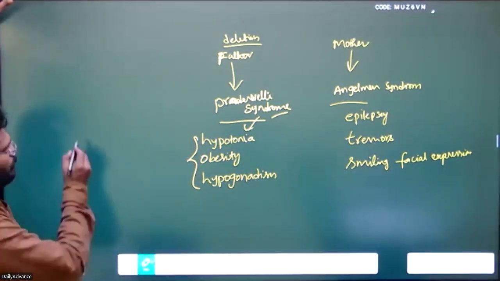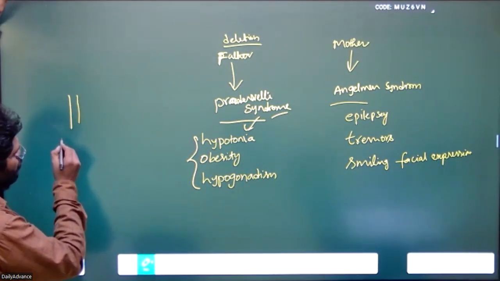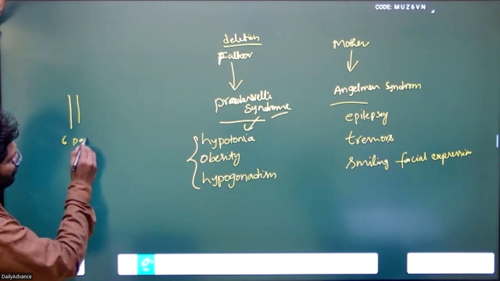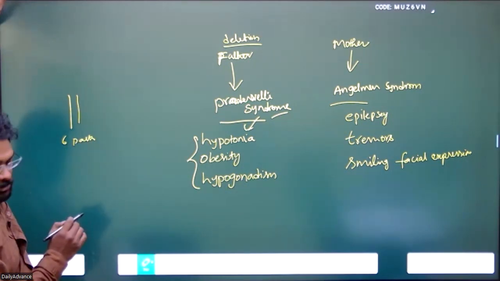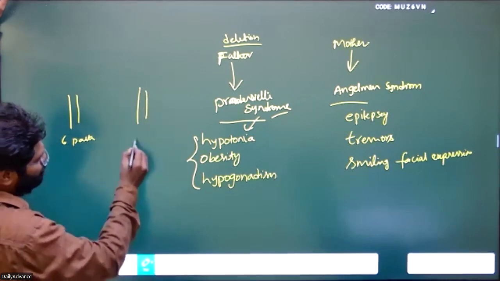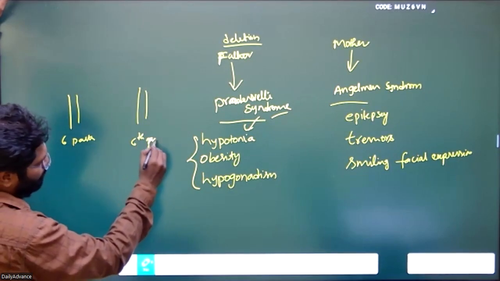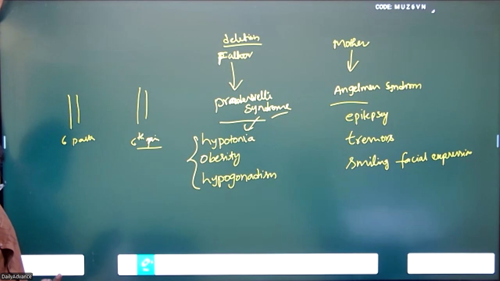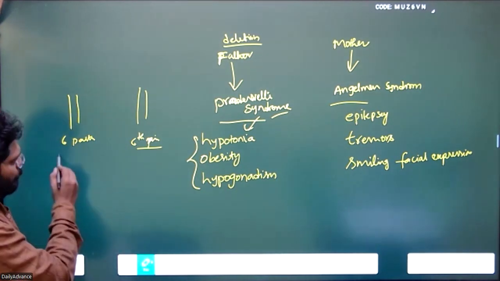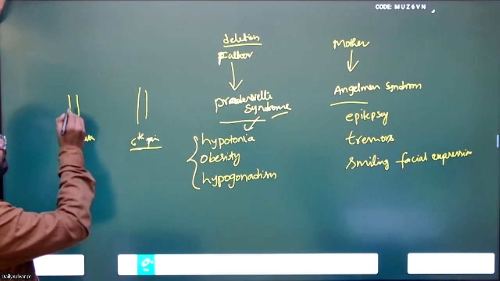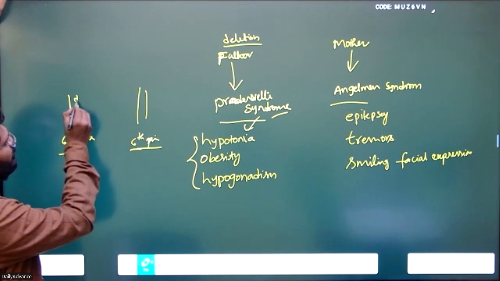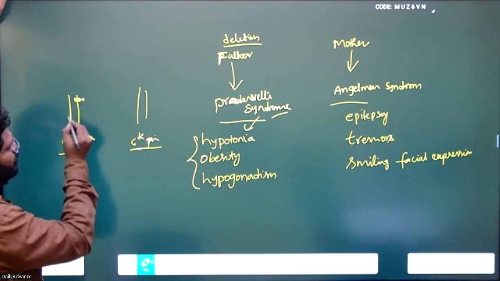The father has a sixth pair of chromosomes, and the mother has a sixth pair of chromosomes. Imagine that some portion is deleted here.